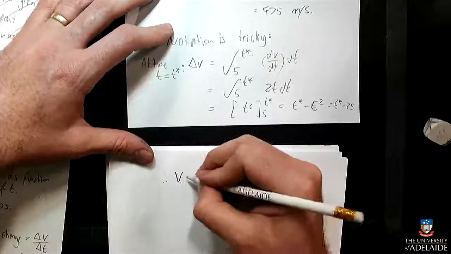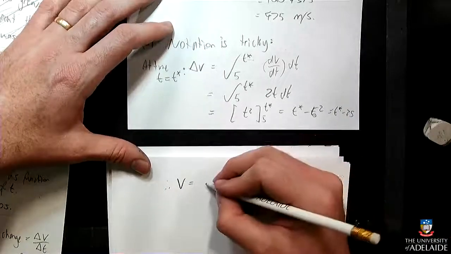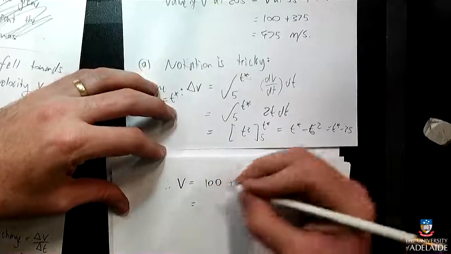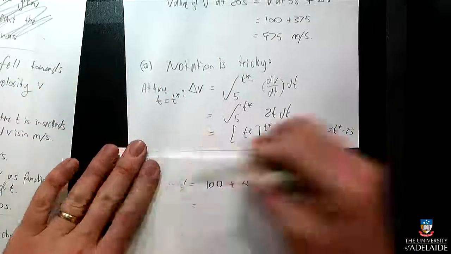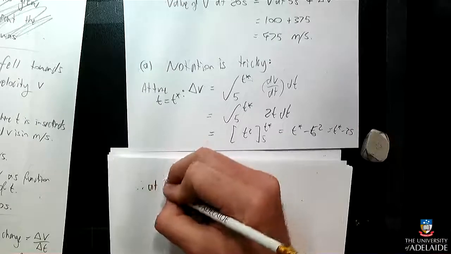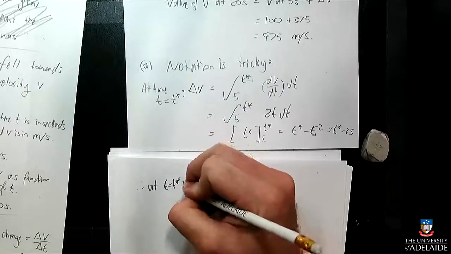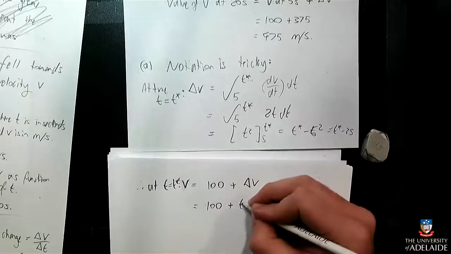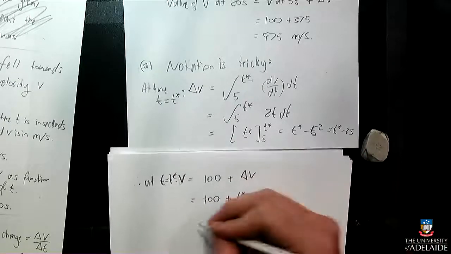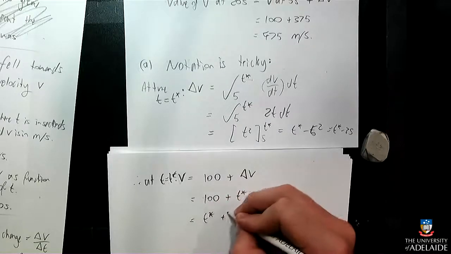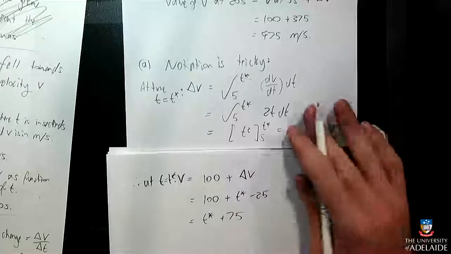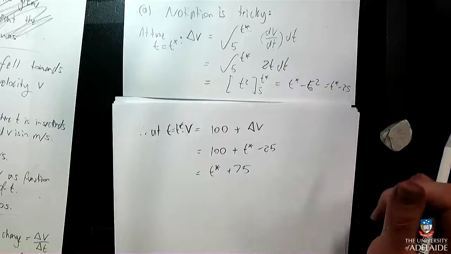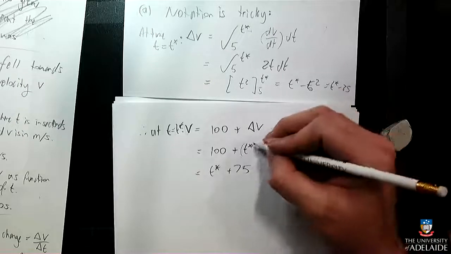And so therefore V is going to be the initial V, which was 100, plus the change in V. So therefore at t equals t star, V equals t star squared plus 75.